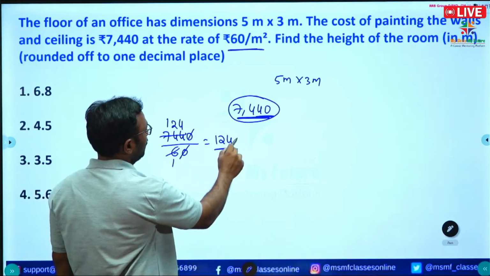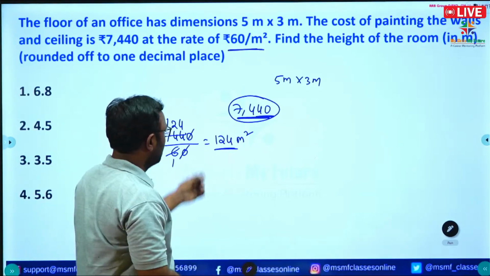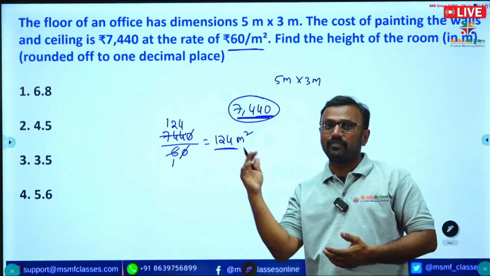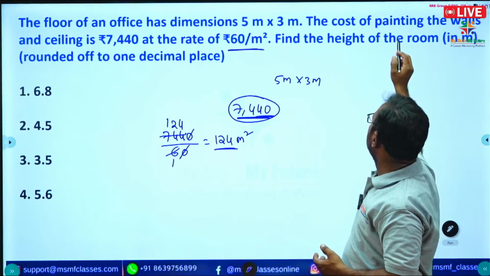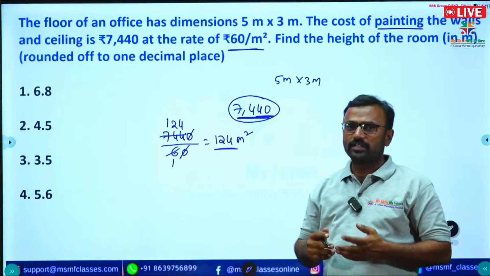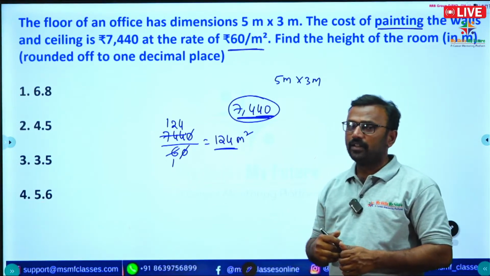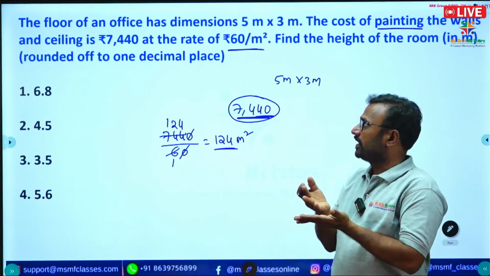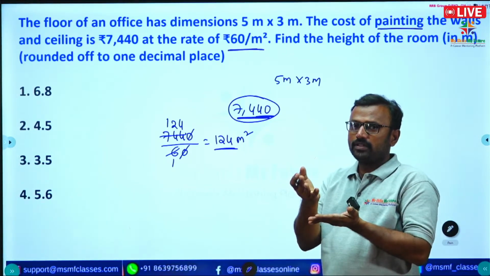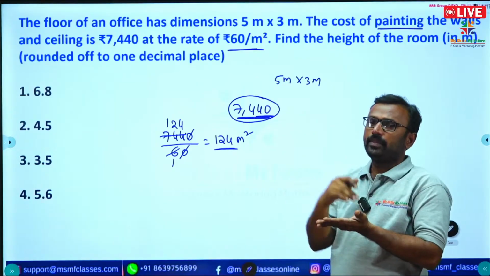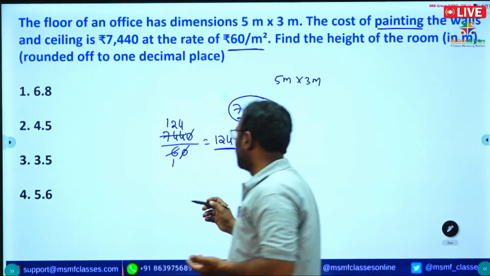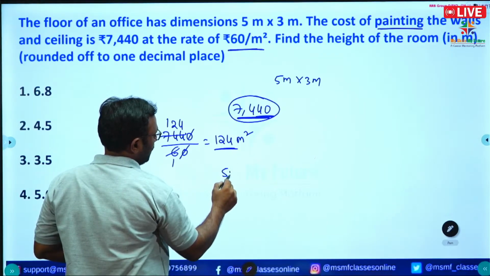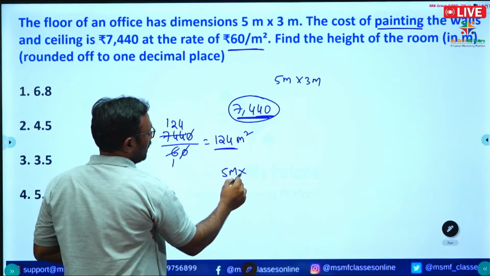Okay, 124 meter square. What is this? 124 meter square is the total surface area which was painted. What is the total surface area? If an office has 4 walls and 1 ceiling, then one wall is 5 meters length, we don't know the height.